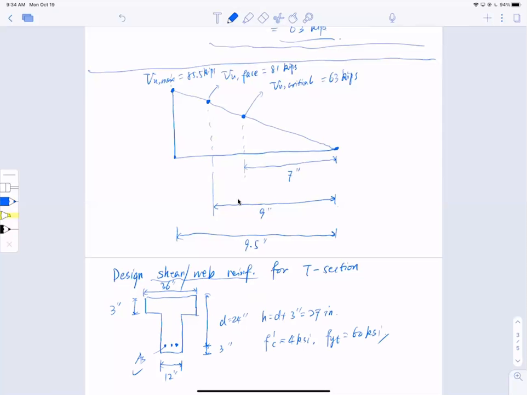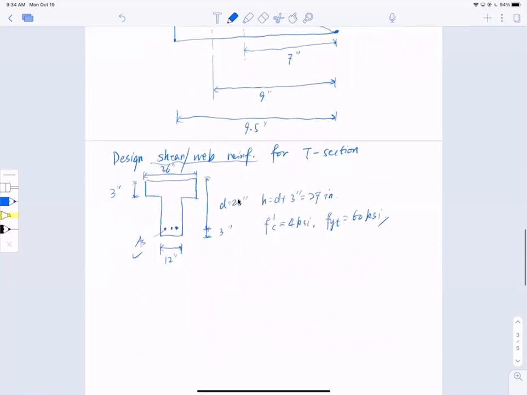First thing I need to do is find my concrete contribution. To design, I need Vc, which is the concrete contribution, and we go with the minimum.